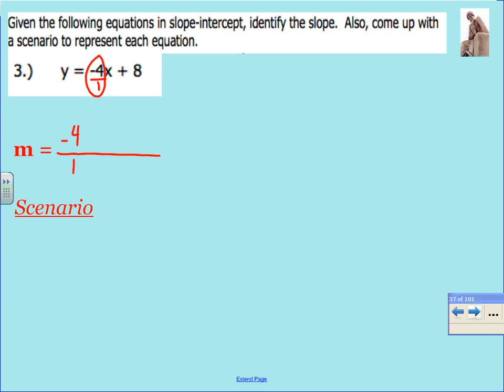After you write your slope down, leave the line there so we can fill in the words. Let's write a scenario about this equation. Starting with the constant, this number right here, always start with that. It's positive. So something that you have or that someone has, it has to be positive. So I'm going to use, let's say it is 8 degrees outside.